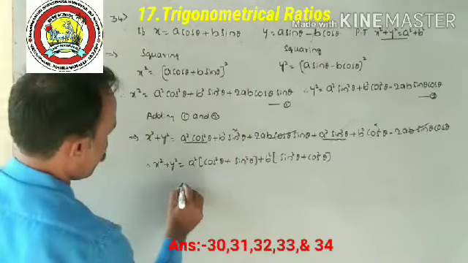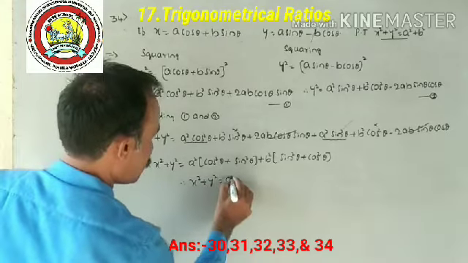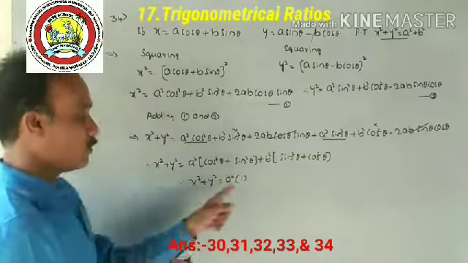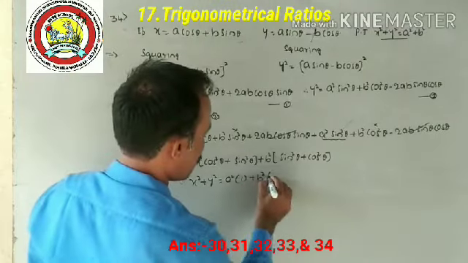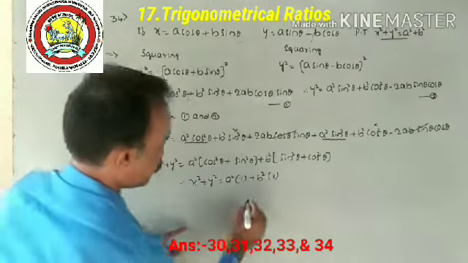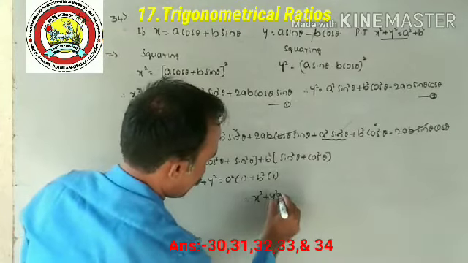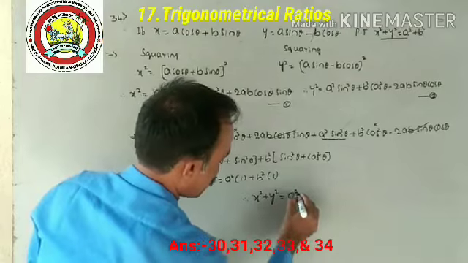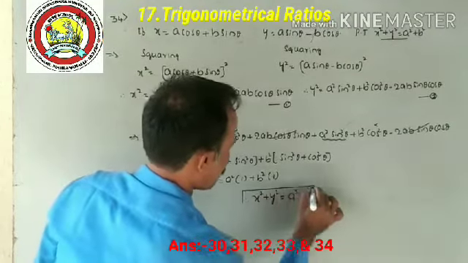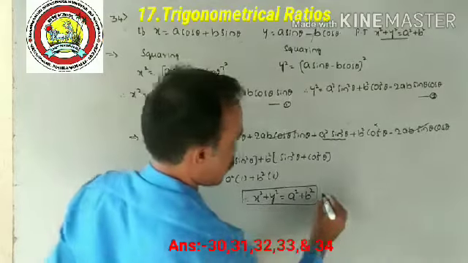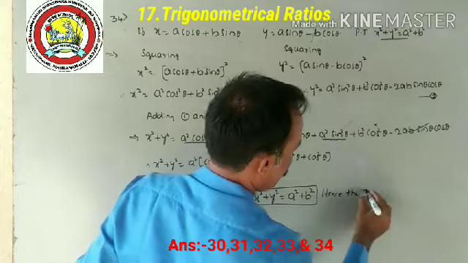Yes, therefore, as last step, x square plus y square is equal to a square, the value of this one is 1 because of the identity, plus b square, even this one is also 1. And therefore, the value of x square plus y square is equal to a square plus b square. Hence, the proof.